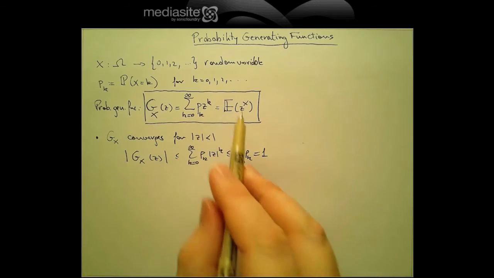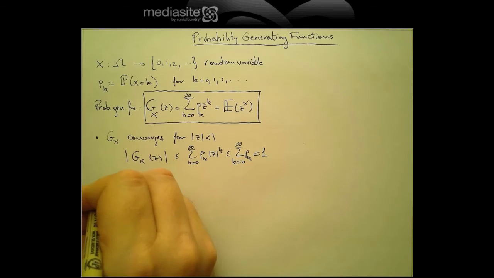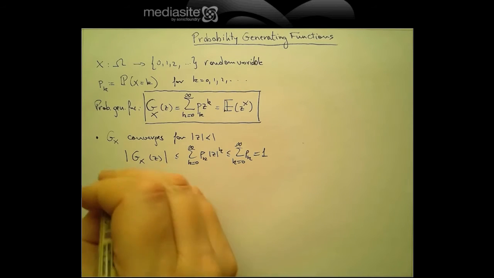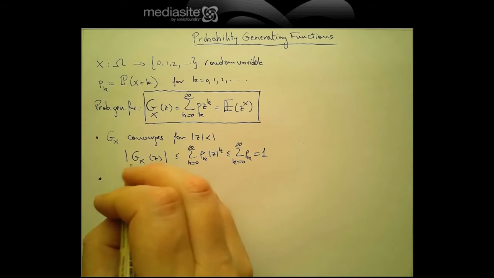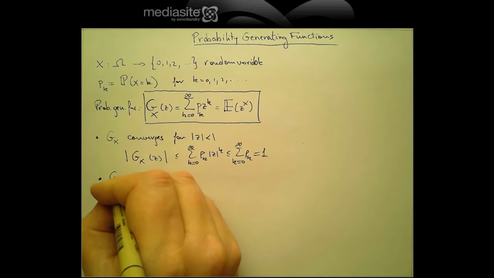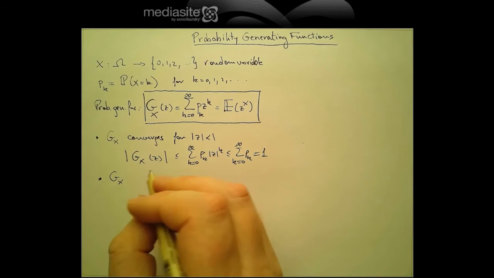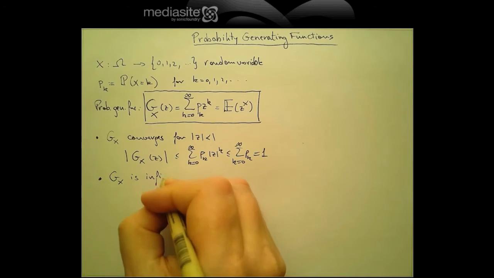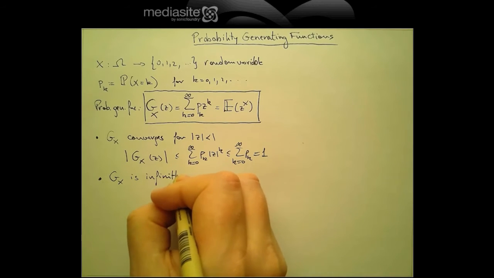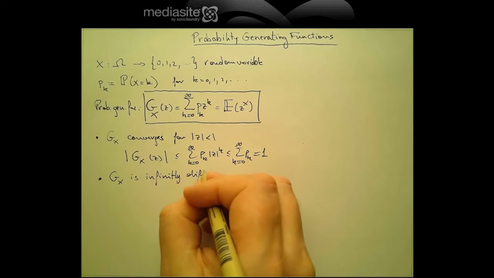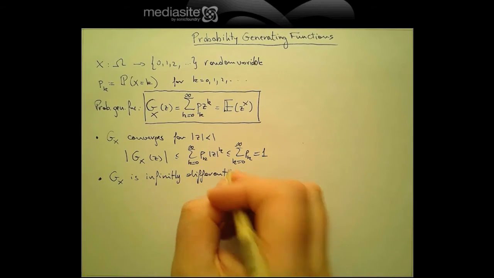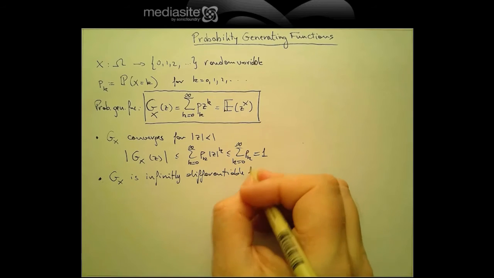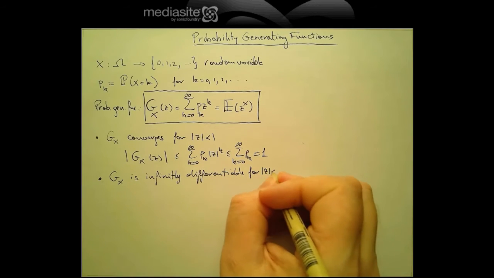Also, because it's a power series that converges, it's fairly easy to show that you can take derivatives of all orders. So g_X is infinitely differentiable for |z| less than 1.